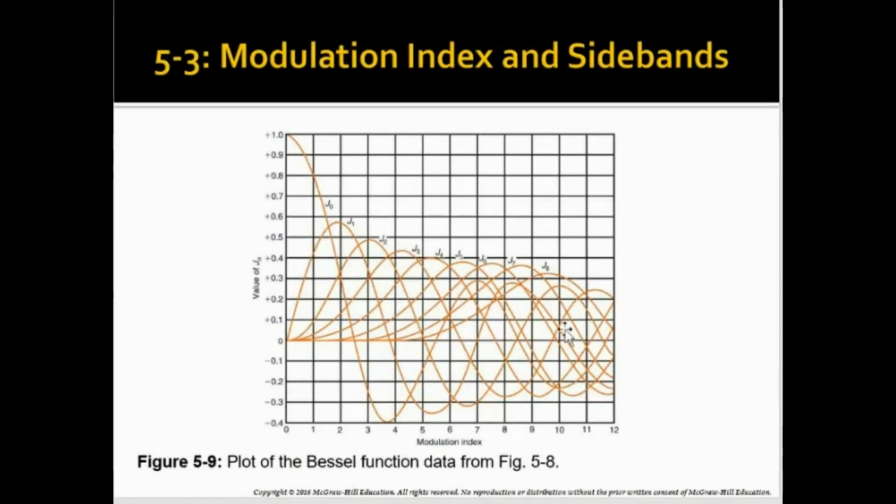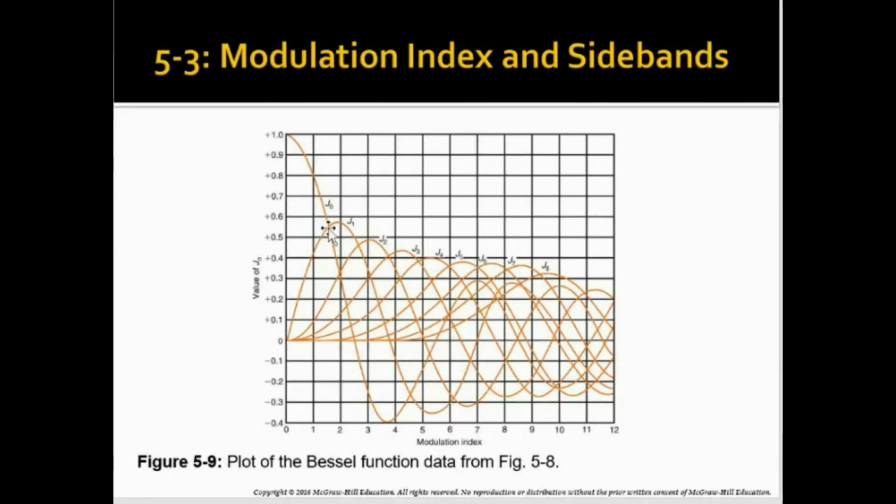This Bessel function can also be shown in this form. This is showing the different sidebands. So this is related to the carrier, which is J0.